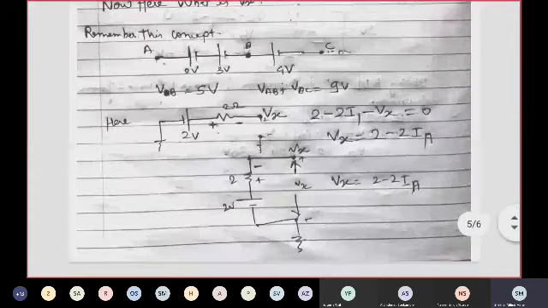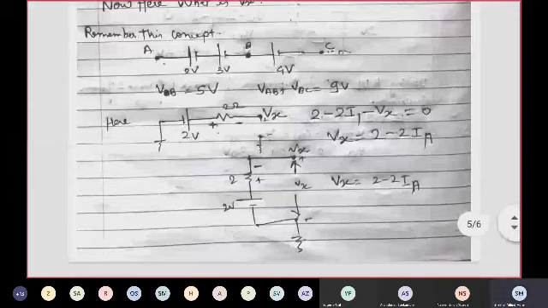Similarly, you can see this 2 volt and 2 ohm, and Vx is after that. So Vx is the voltage between that point X and ground. If you apply KVL in this particular part, you will get the value of Vx.